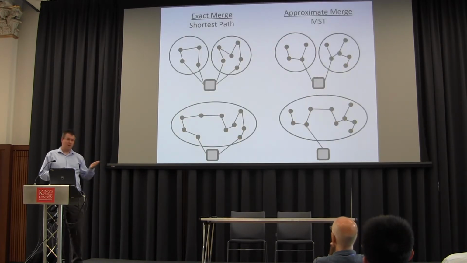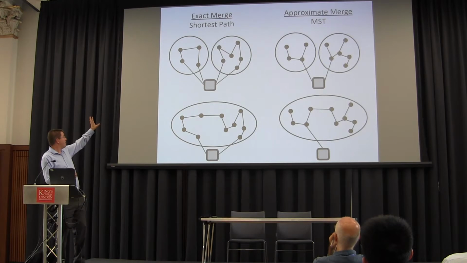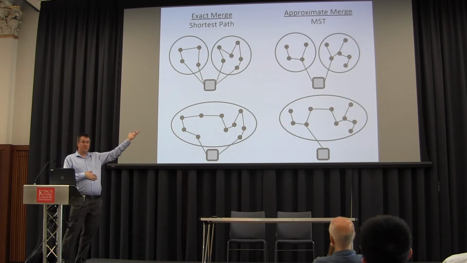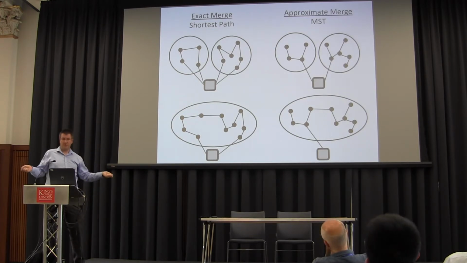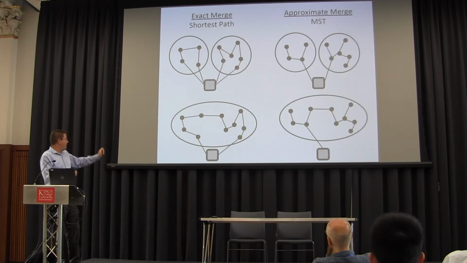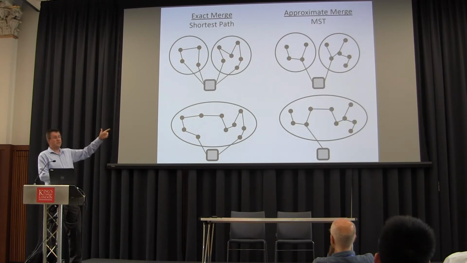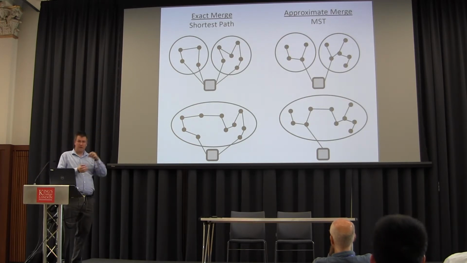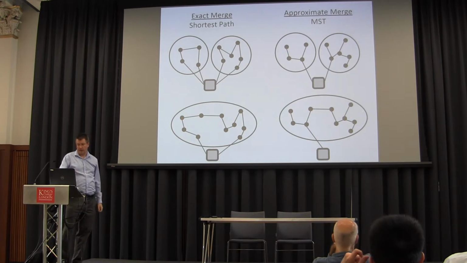So what we did is we came up with an approximate method. Instead of representing the clusters by their shortest path, we used the minimum spanning tree as a structure to determine the amount of distance between them, which we know is at worst twice as bad as the traveling salesman solution. And then the base distance was really just the distance from the base to the closest task within that cluster.